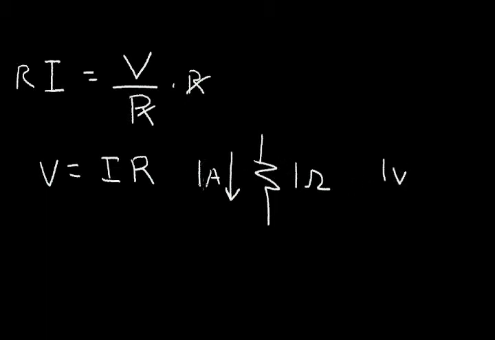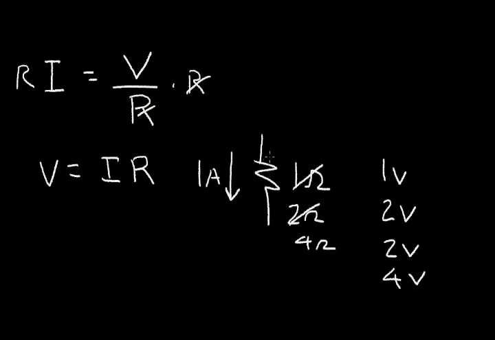If we have 2 amps, we have 2 volts across the resistor. If we increase the resistor from, say, 1 ohm to 2 ohms and 1 amp, we have 2 volts. If we have 4 ohms times 1 amp, we have 4 volts.